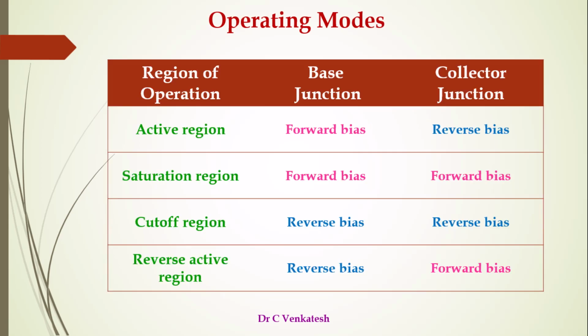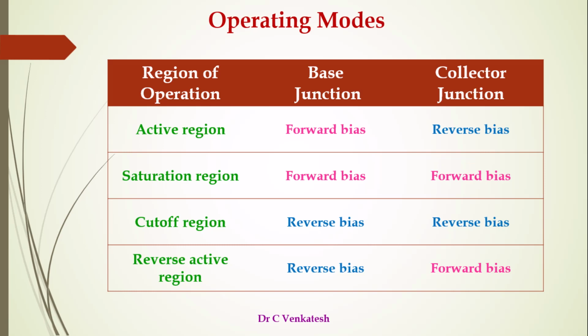The four operating modes are active region, saturation region, cutoff region, and reverse active region. Active region, the name itself, active. Depending upon the biasing conditions of the base junction and the collector junction, the device is in active region or other regions.